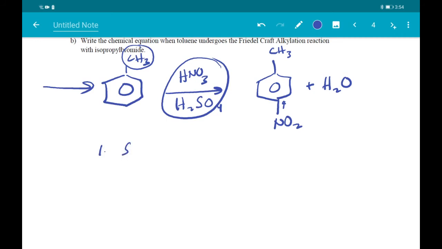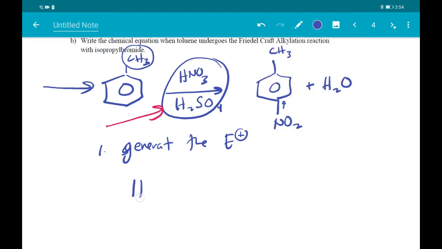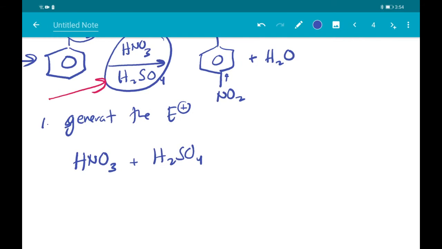Again, we're going to generate the electrophile. The electrophile will be produced from the reaction between the reactant and also the catalyst. So, in this case, we have nitric acid together with sulfuric acid, and the electrophile that we're going to produce here will be NO2, and don't forget the plus symbol because it is an electrophile.